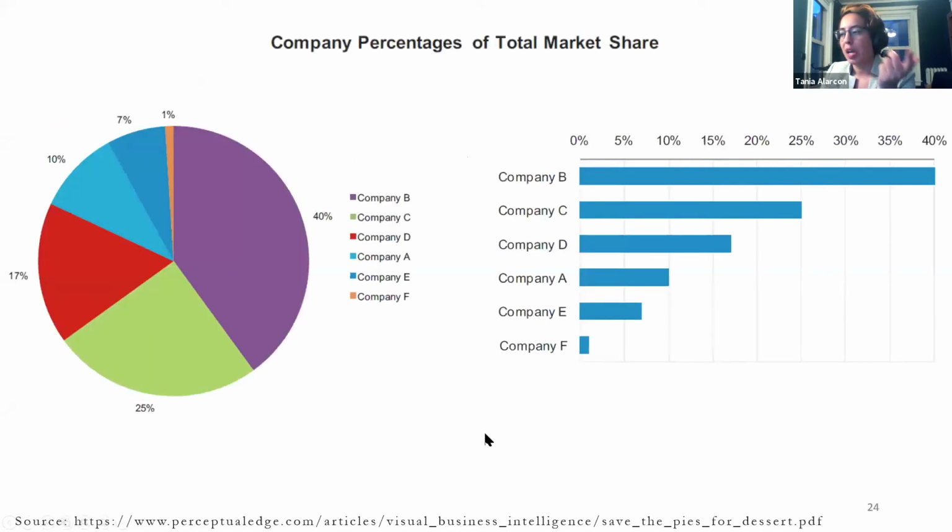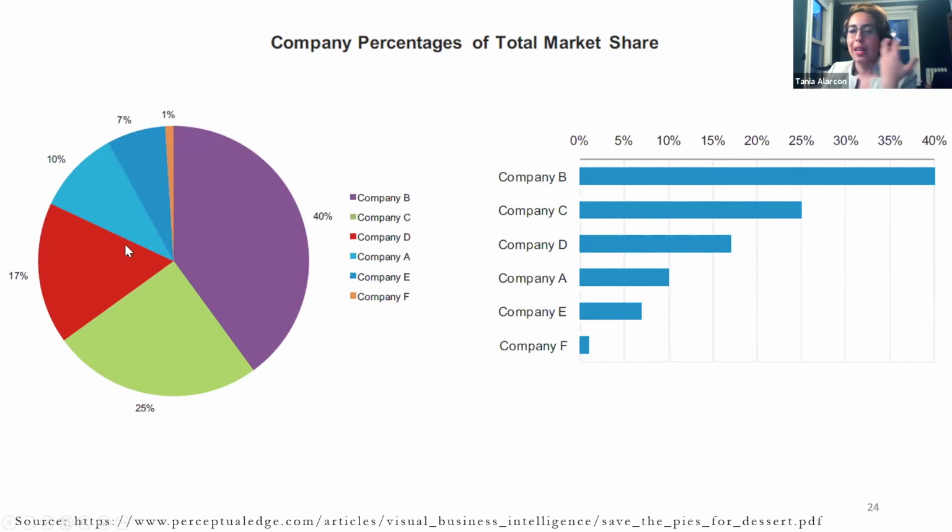When we look at pie charts, this is one example of one of a million websites that you can find that tell you why people hate pie charts, or why the writer of this decided that it is not good. Part of it is because both of these graphs show the exact same information. It's showing you different companies and the market share of those companies.